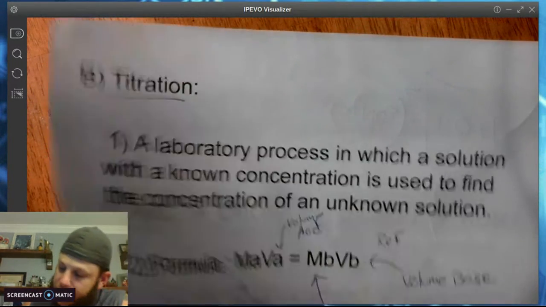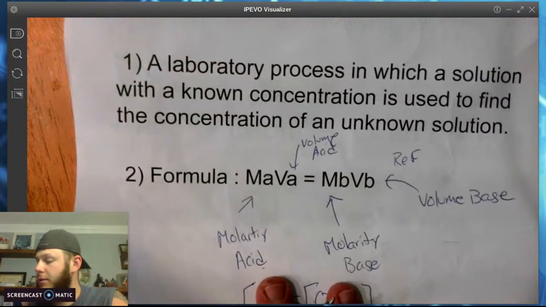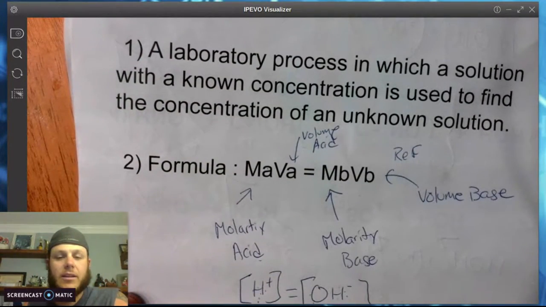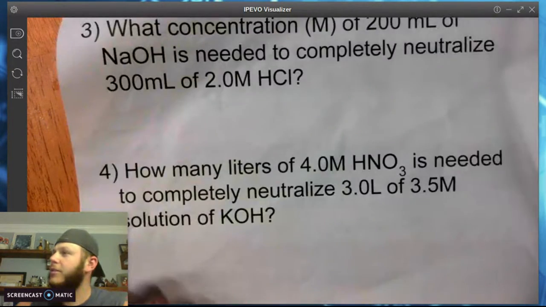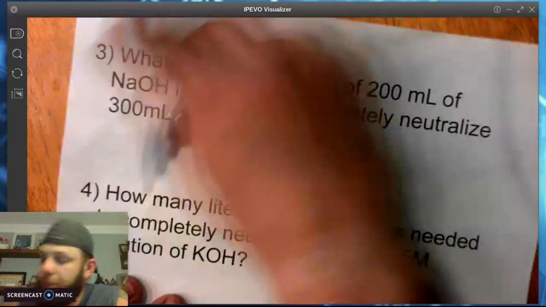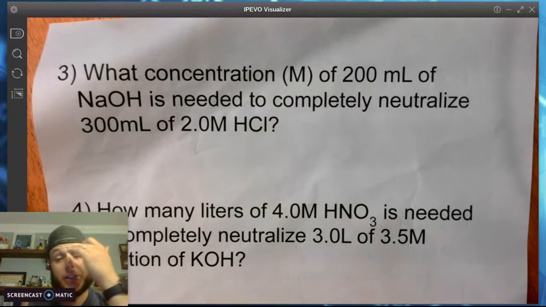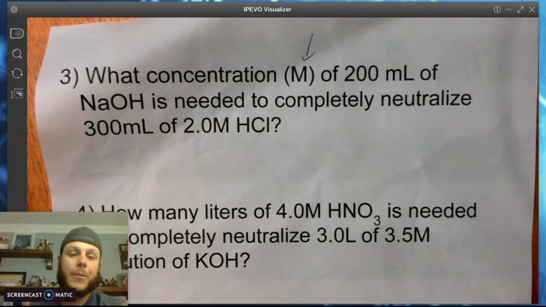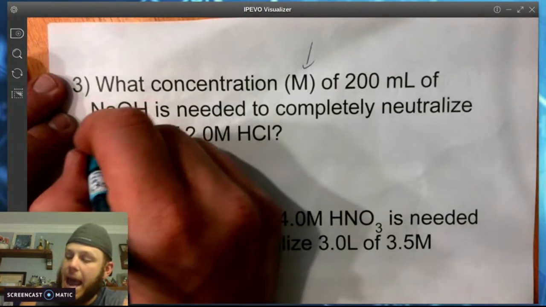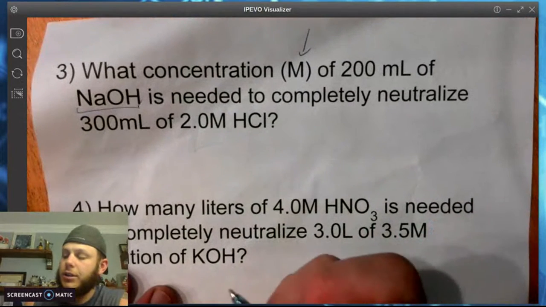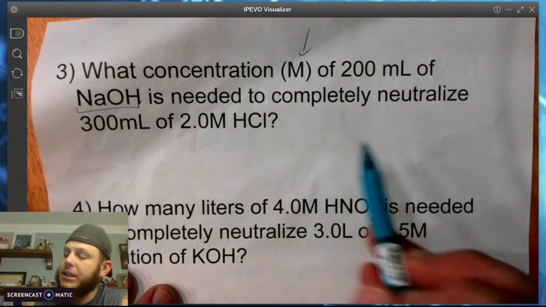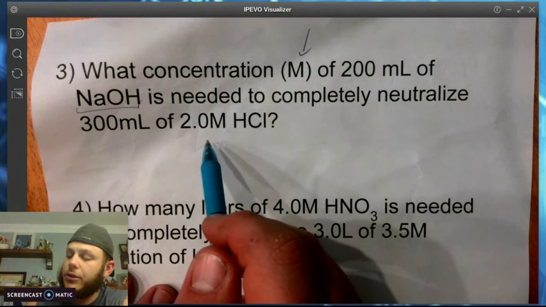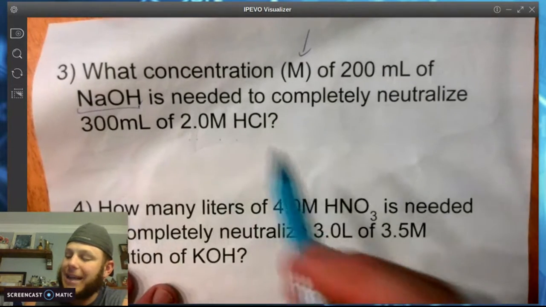So here are two math-based examples. MAVA equals MBVB. Mava is what we like to joke about. What is the concentration, M, big M, of a 200 milliliter NaOH solution needed to completely neutralize 300 milliliters of a 2.0 molar HCl?